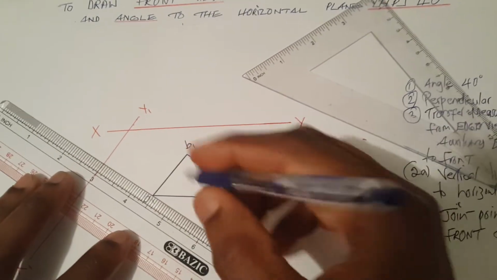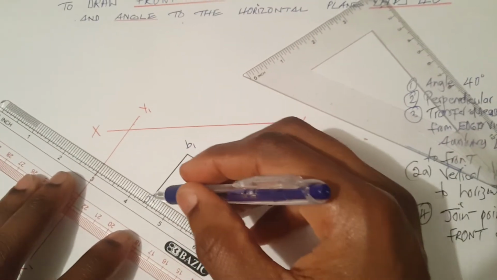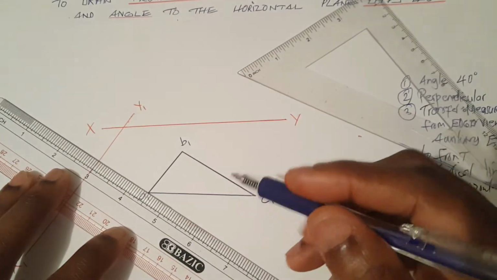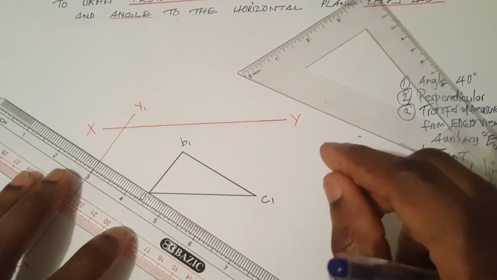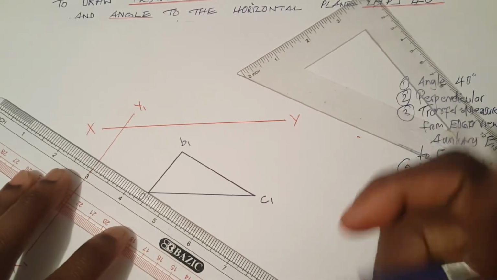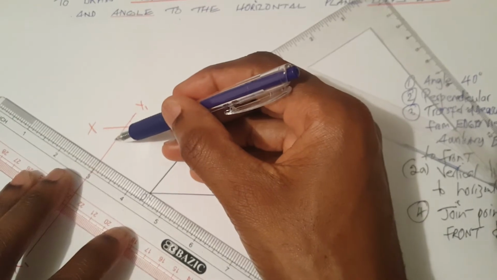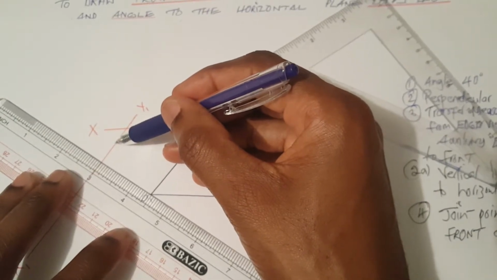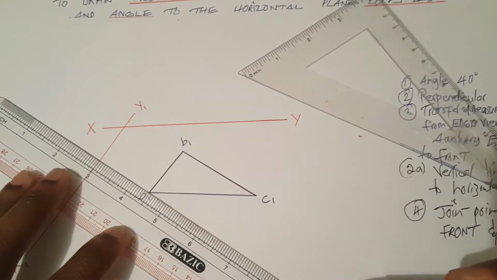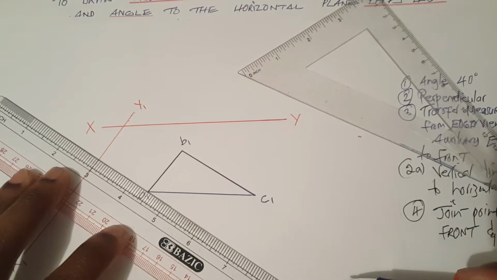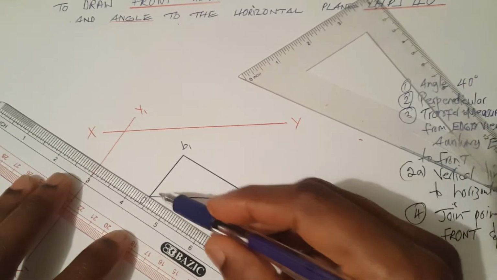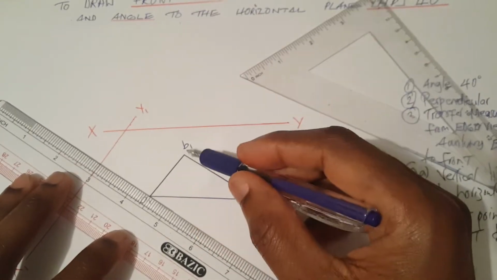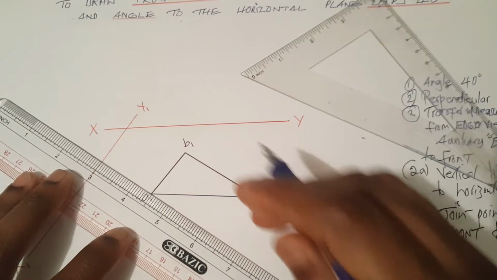In AutoCAD, you would activate line, L enter, then hold the shift key and right click the mouse and select perpendicular. Then touch this line, you should see a perpendicular symbol pop up, then pull it out to determine the length of the line, then click. That is how you get a line perpendicular to this. Then copy to all the points to get parallel lines.